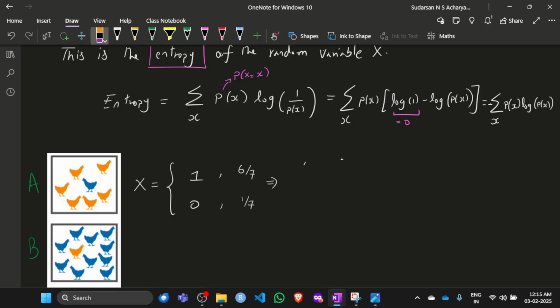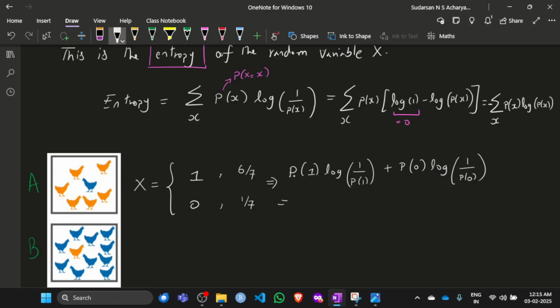So we're going to make use of this definition. First, it's the probability that x takes the value 1, that is, you get an orange chicken, times the log of 1 over the probability that you get an orange chicken, plus the probability that x takes the value 0, that is a blue chicken, times the log of 1 over the probability that you get a blue chicken.